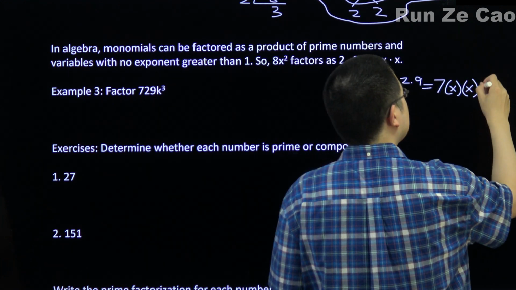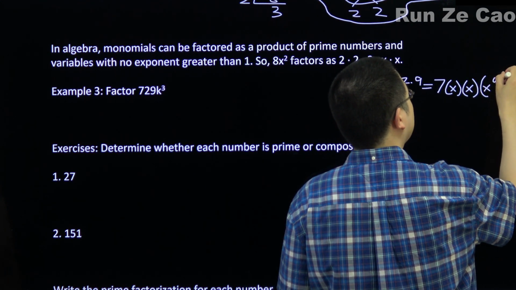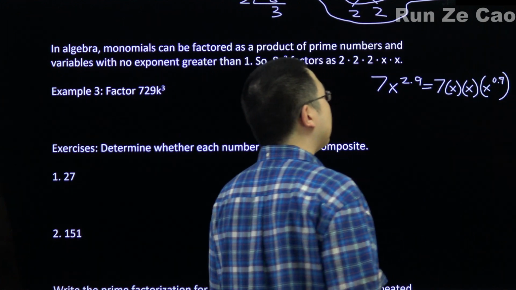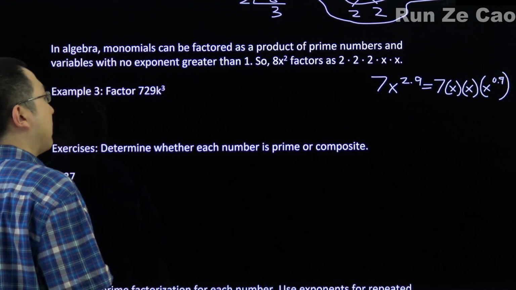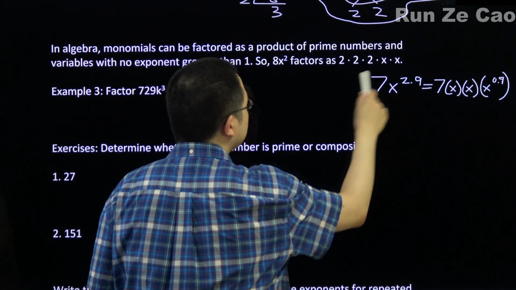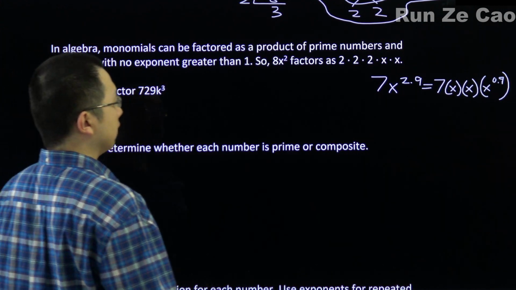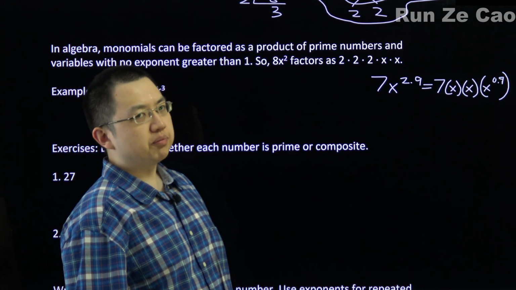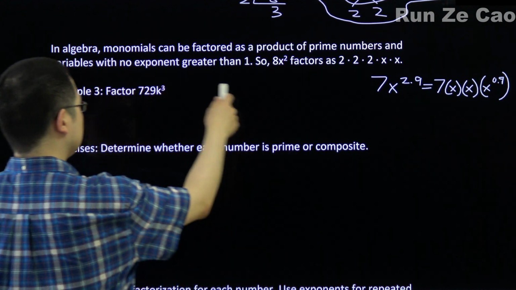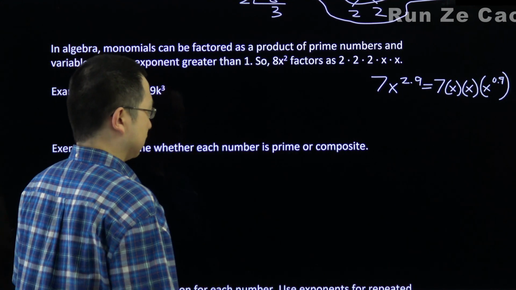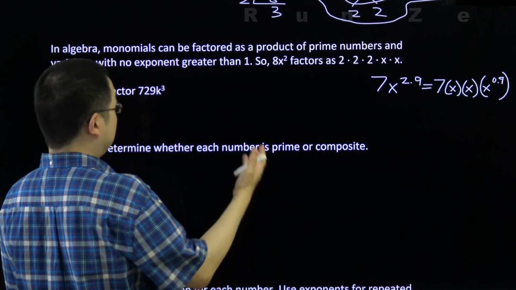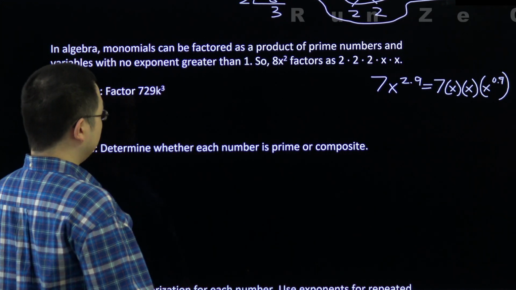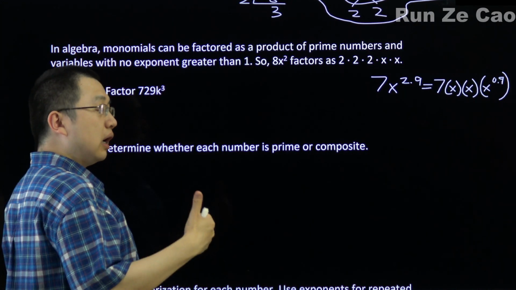And then x to the 0.9. By the time you get to dealing with fractional or decimal exponents, you're probably not doing this sort of factorization much. But, well, now we know that none of the exponents are supposed to be greater than 1. Hurrah.